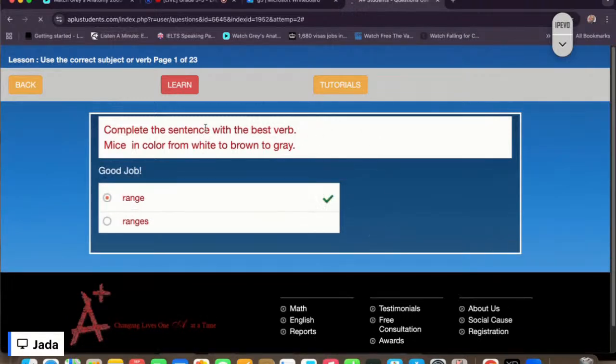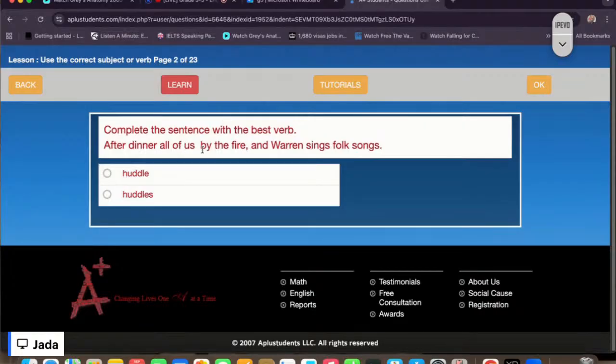Plural verb. Then, after dinner, all of us dash by the fire and one sings folk songs. Huddle or huddles?